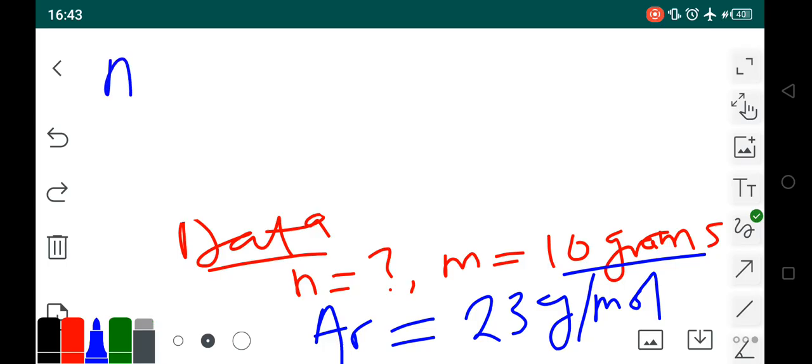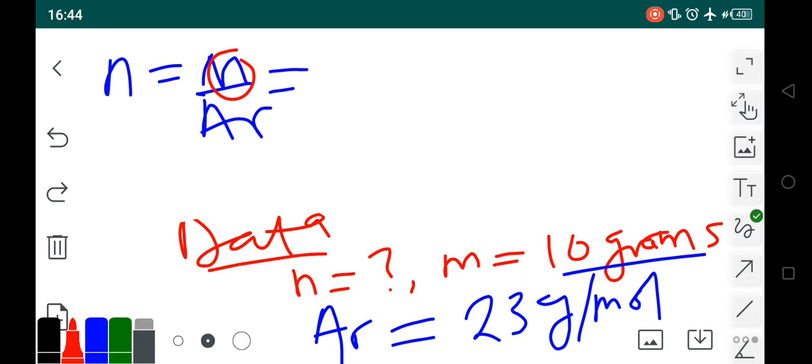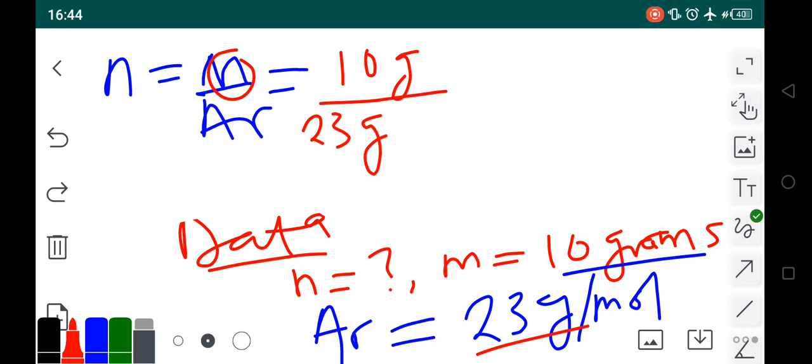So now we're going to say n equals m over Ar. Then our m is just 10 grams divided by our Ar, which is 23 grams per mole. So the grams cancel out.